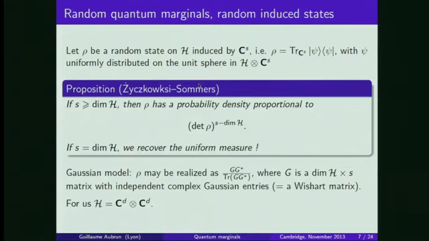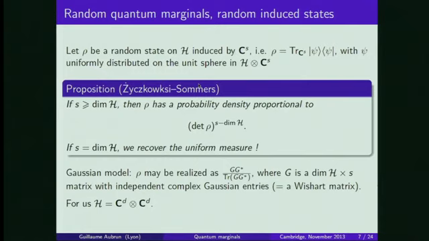And the probability density which describes the distribution of rho with respect to the Lebesgue measure on the set of all states has a very simple formula, which is determinant of rho to the power S minus the dimension of H. This was proven by Życzkowski and Sommers. So let me say two things. First, if you choose S to be equal to the dimension of H, you recover the uniform measure on the set of all states.